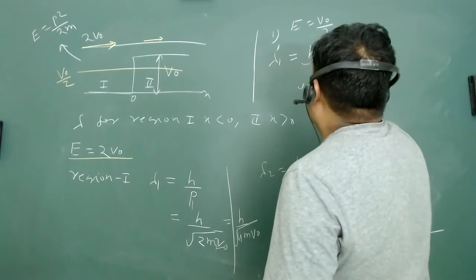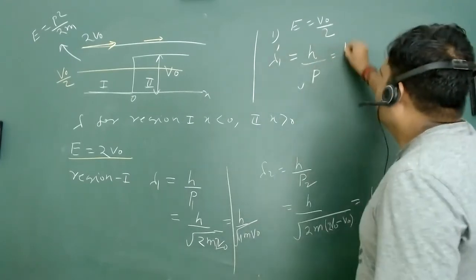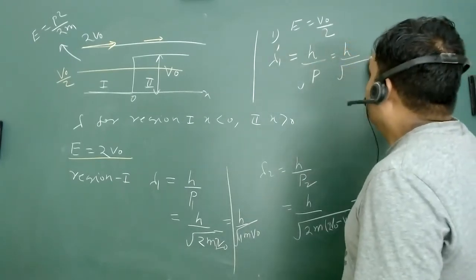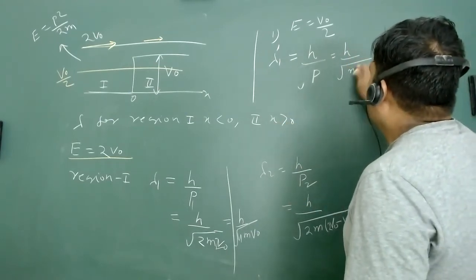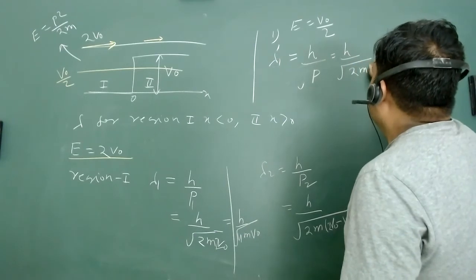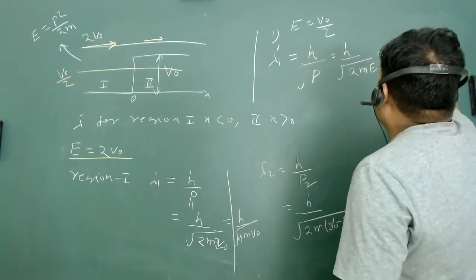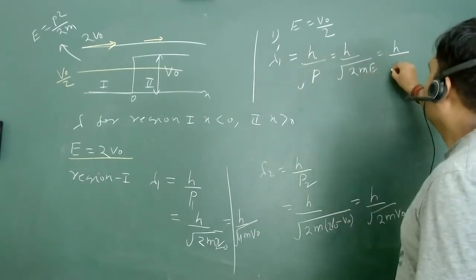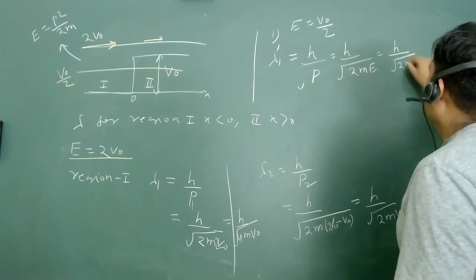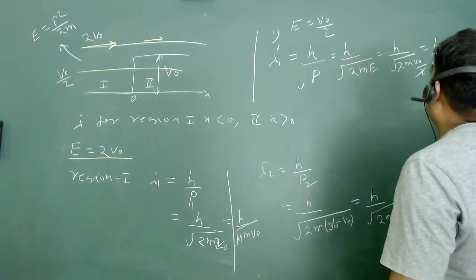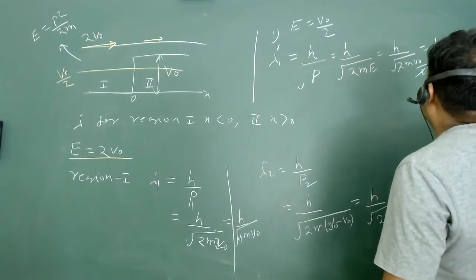You can find the momentum, h by root 2mE, and this value is h upon root 2m V naught by 2. So this will be h upon root m V naught.